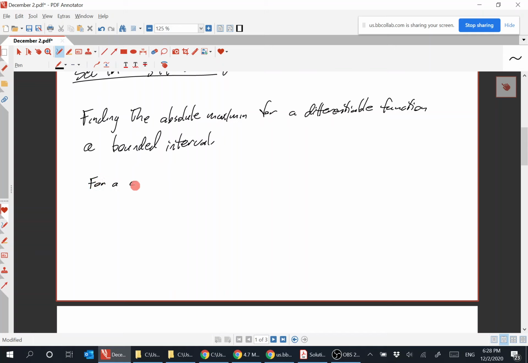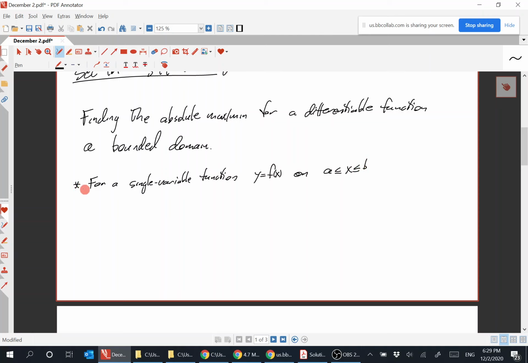So for a single variable function, we're not in a bounded interval, in a bounded domain. For a single variable function, y equals f of x on the interval a less than or equal to x less than or equal to b.